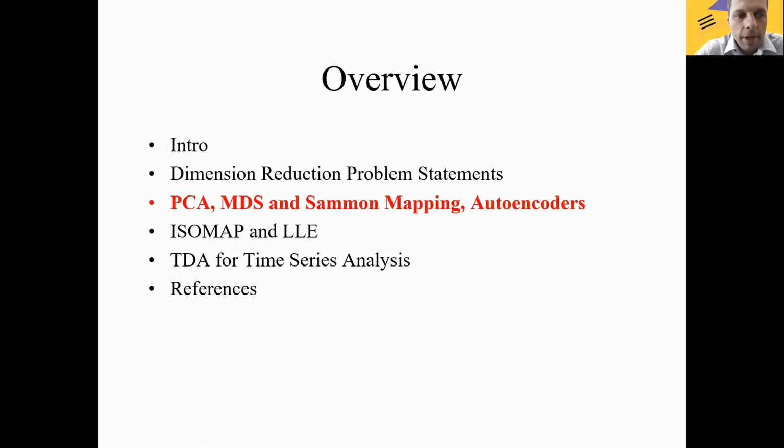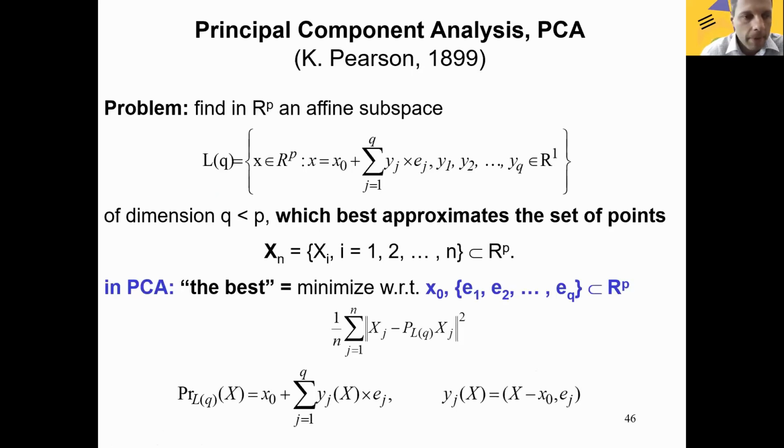And now let me briefly show how we can use these ideas when we develop methods of dimension reduction. By the way, I got several questions from the audience. The first one is what is the latent space?